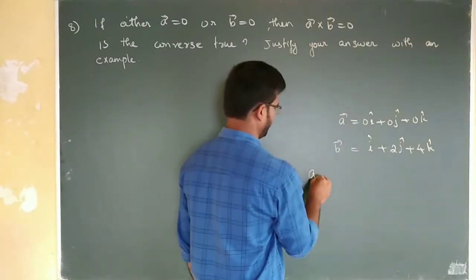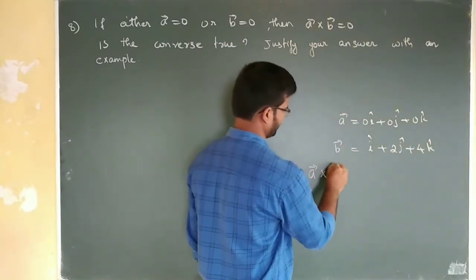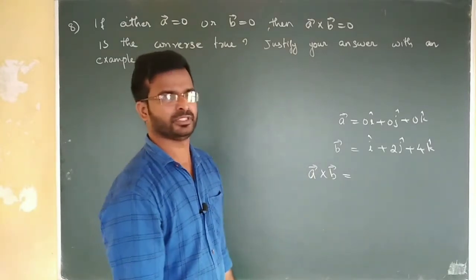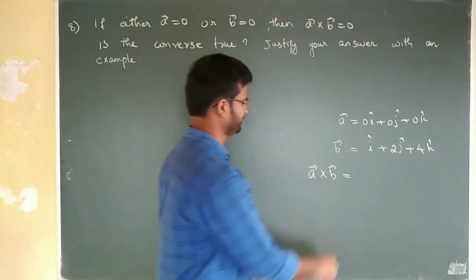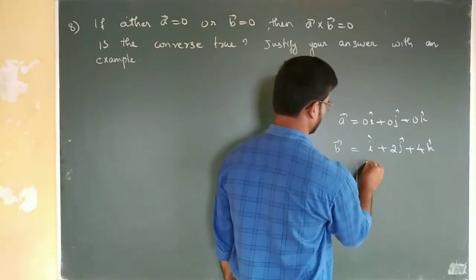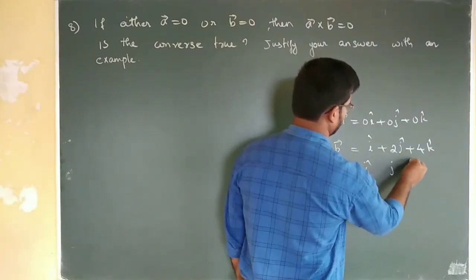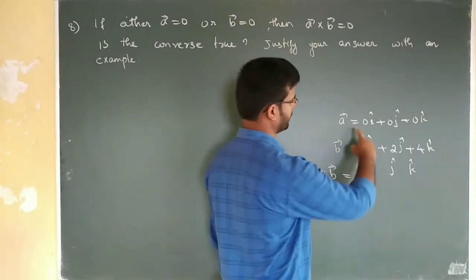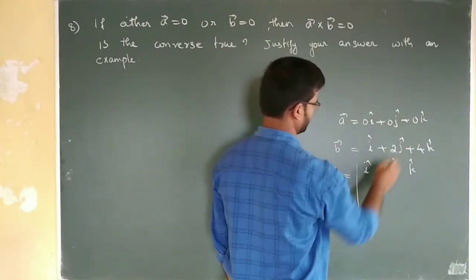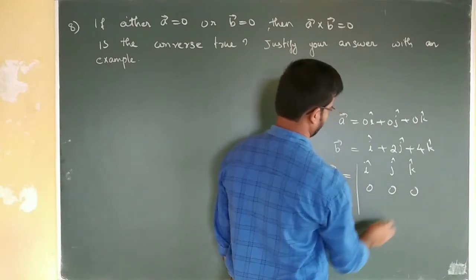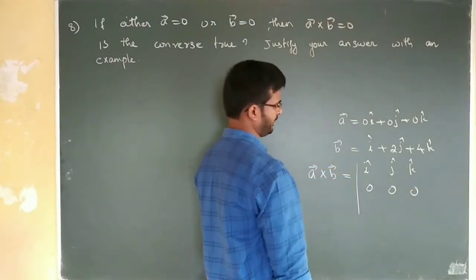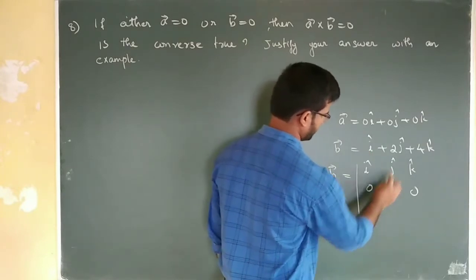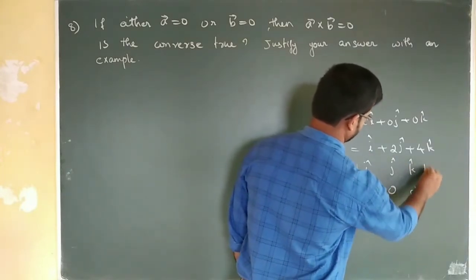How to find A cross B? We can use the determinant method. Determinant of i, j, k. Then in the second row, the scalar components of the first vector, that is 0, 0, 0. Then in the third row, the scalar components of the second vector, that is 1, 2, 4.